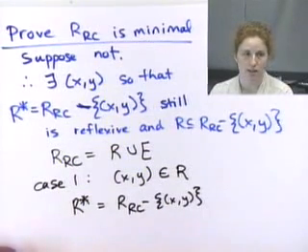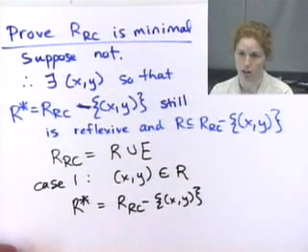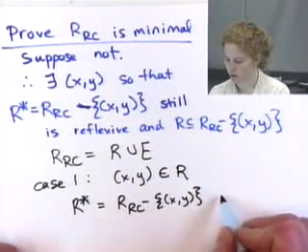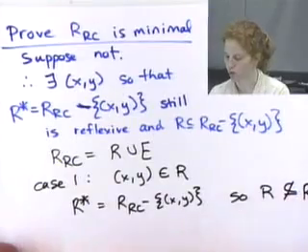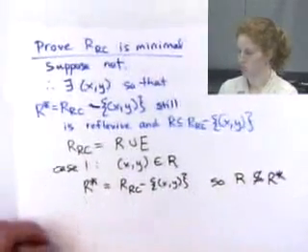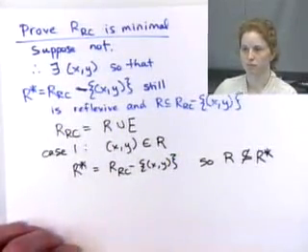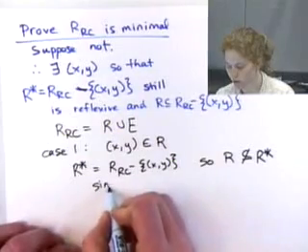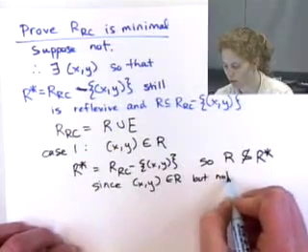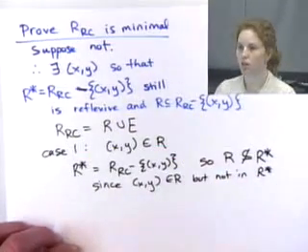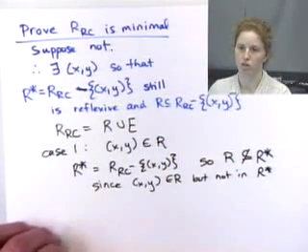If xy is in R, but it's not in R star, then R can't be a subset of R star, right? So R is not a subset of R star, since xy is in R, but not in R star. So R can't be a subset because there's a point that's in R that is not in RC. Sorry, R star.